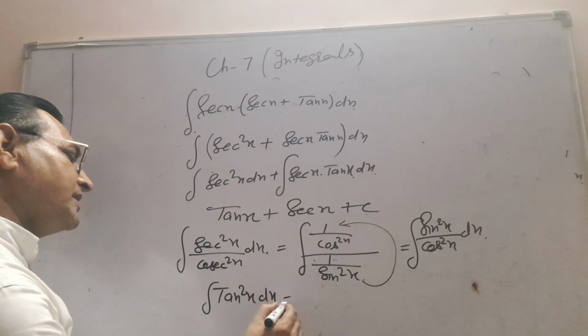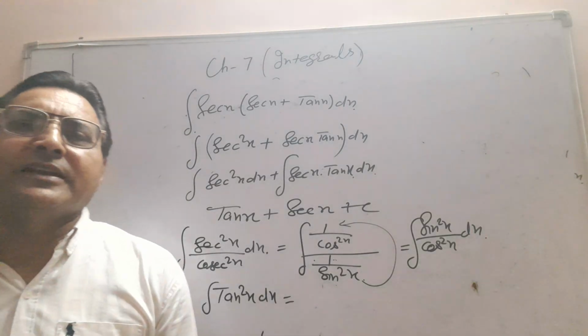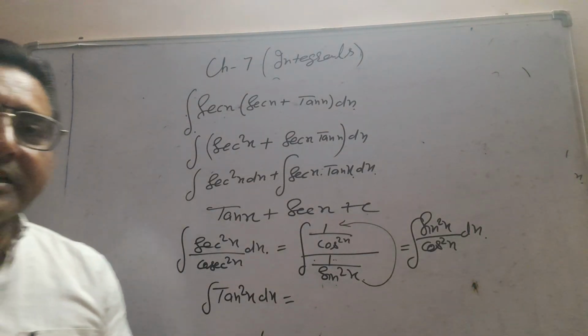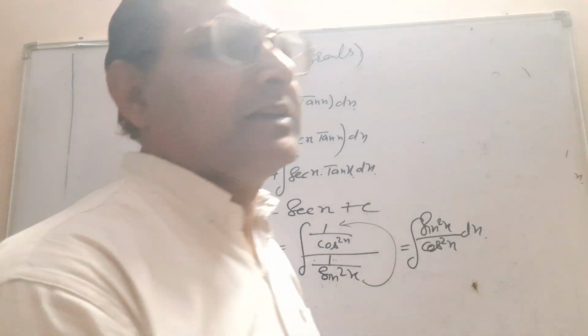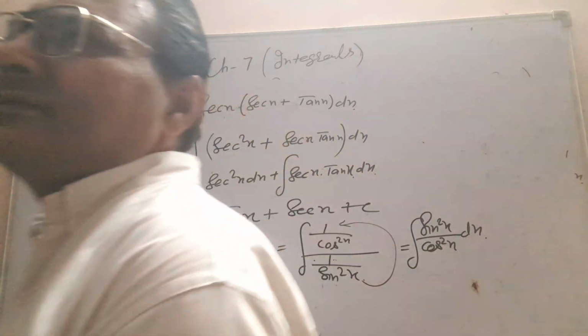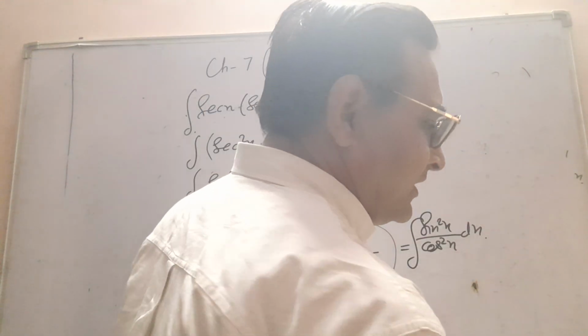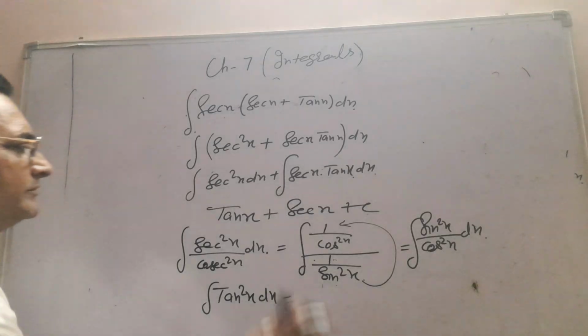But again the question is there, we don't know the integration of tan square x. We only know the integration of secant square x and cosecant square x. Here you will use the identities you have studied in class 10th, or that I have given you in the starting.